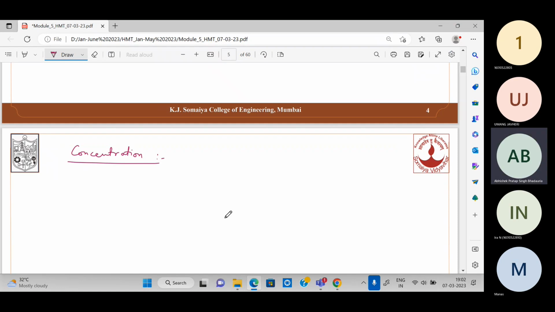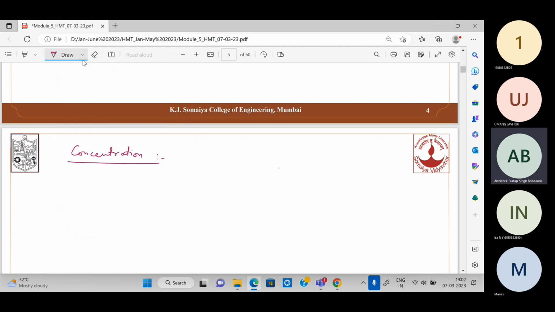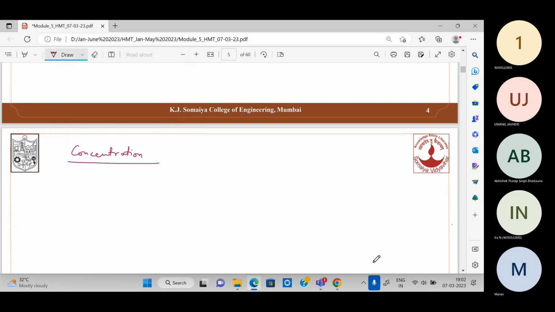Okay, so we'll talk about the concentration. A few terms are required to understand the mechanism of this mass transfer. So what are those terms?